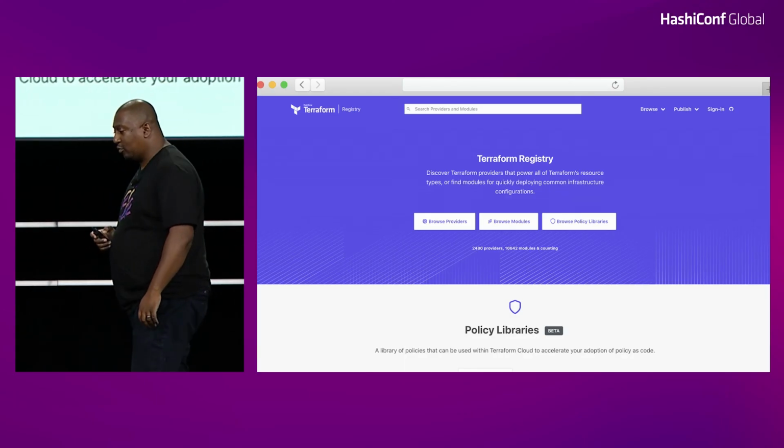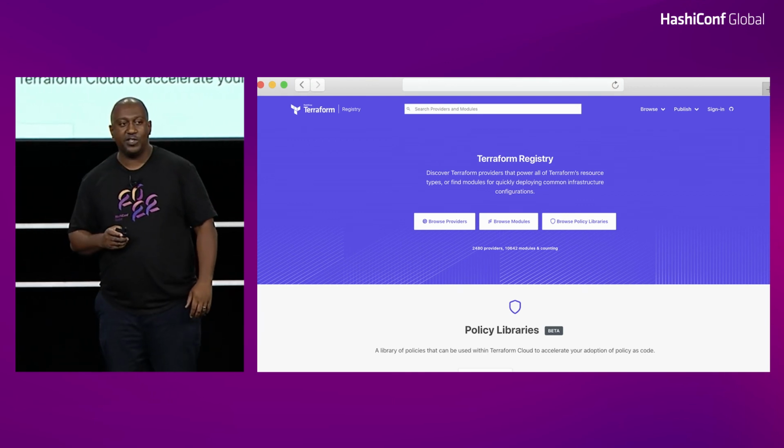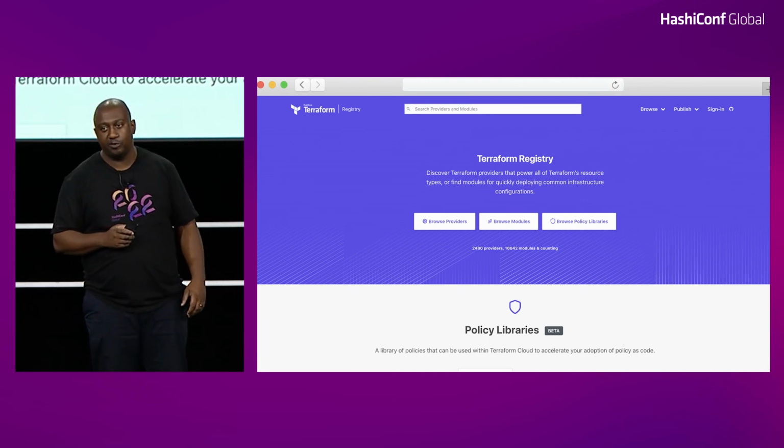I myself am author of, I think, around 17 Terraform modules, which are mostly security focused. And the nice thing about that is we've got our building blocks in place, but I don't have to do the hard work of authoring my own Terraform code to deploy our identity and access management strategy with these tools. Someone else like myself has probably already done the hard work, and we can leverage the hard work of others to deploy our strategies, right?